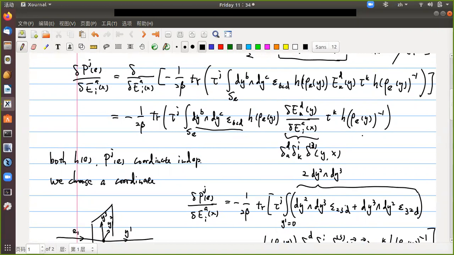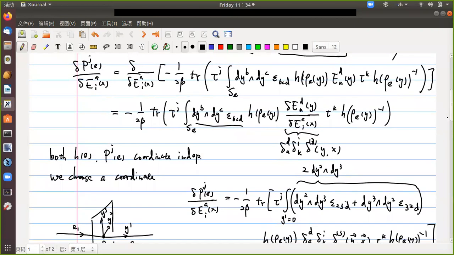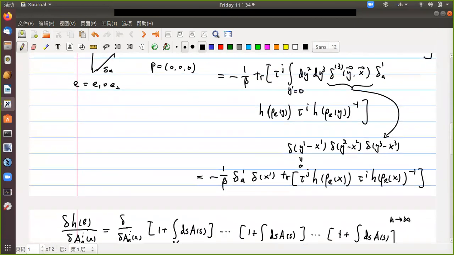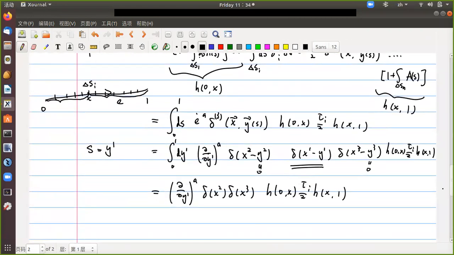Clearly, in the flux formula I use a, b, c as coordinate indices, but in the calculation of the holonomy, I use it as an abstract index. It is very easy to translate this abstract index to a coordinate index. Once I do it, this guy will be just delta A1.